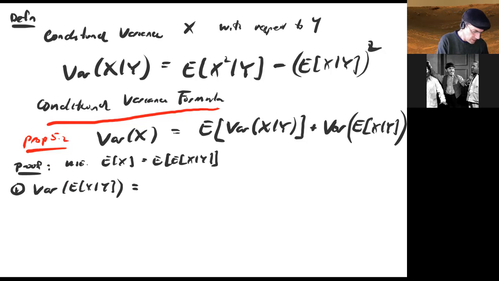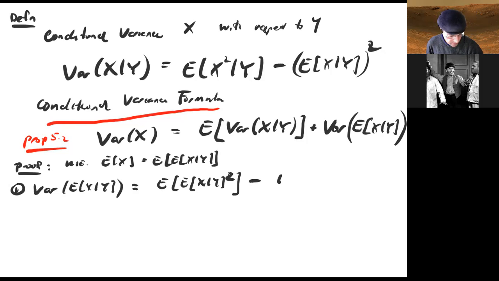Well, the variance of any random variable Z is by definition the expected value of the second moment minus the square of the expected value. So this would be the same thing as the expected value of the random variable on the inside, which is E of X given Y, and we have to square that, minus the expected value of the expected value of X given Y, but now the squaring is all on the outside.